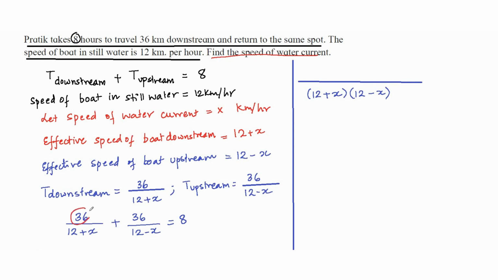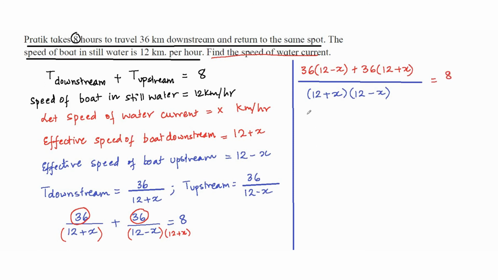That means the first 36 gets multiplied by 12 minus x. And 12 minus x should be multiplied by 12 plus x to get to the LCM, so the second 36 should also be multiplied by 12 plus x. That is equal to 8.